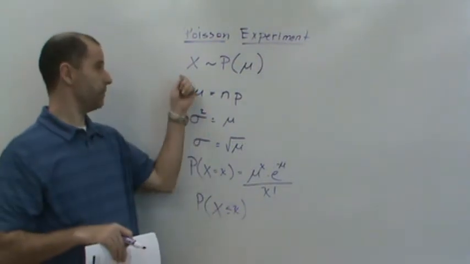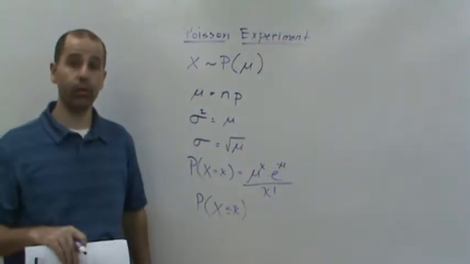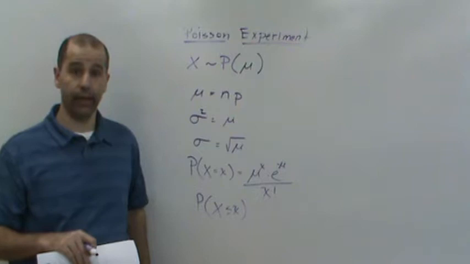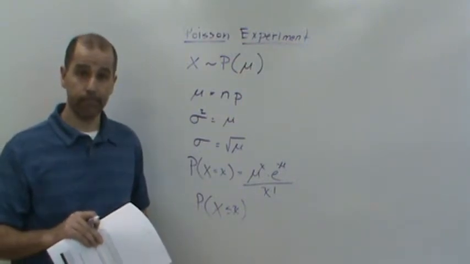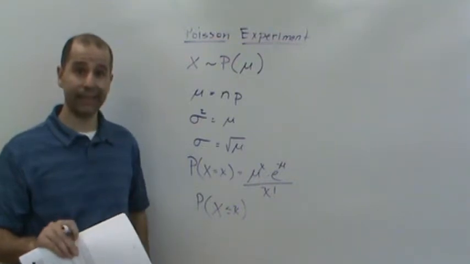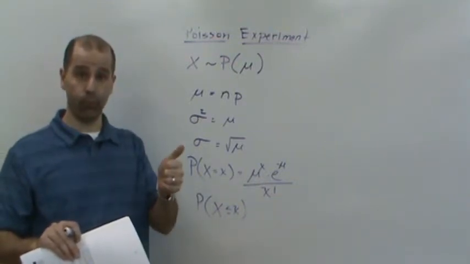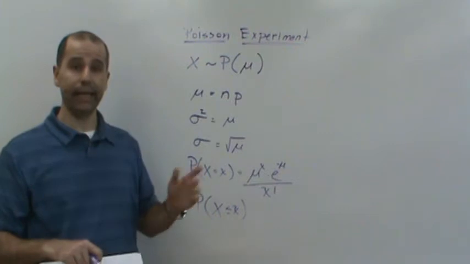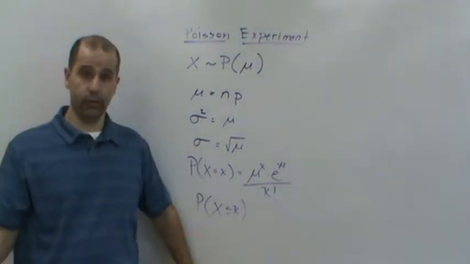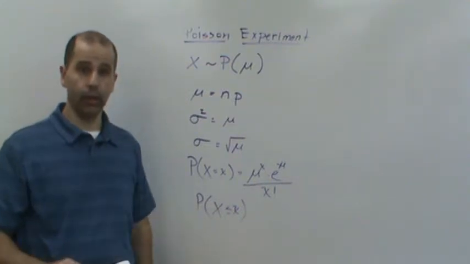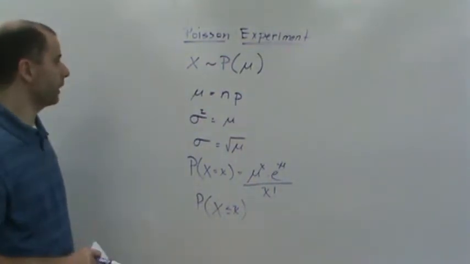Well, in this case, x goes from 0 to infinity. So very similar to the geometric distribution where x starts at 1. So you have to have the minimum of 1 with the geometric distribution. Here, Poisson, the random variable, can go from 0 to infinity. So keep that in mind.